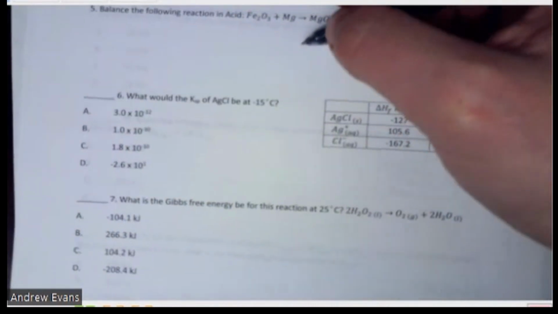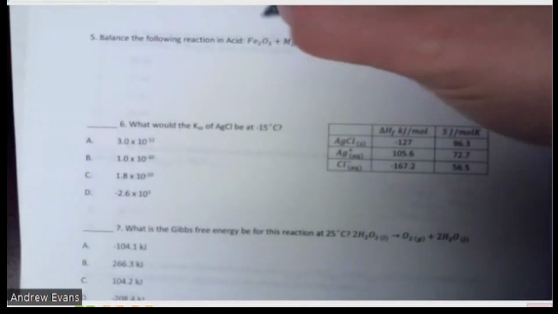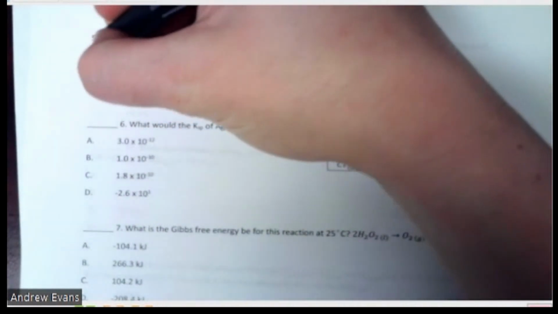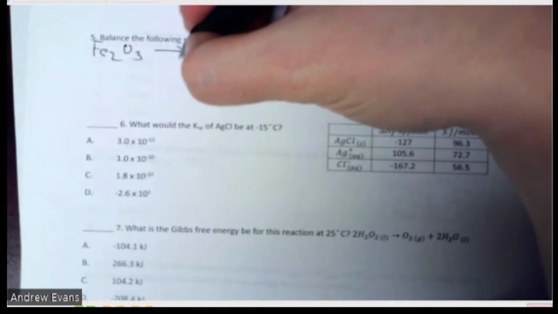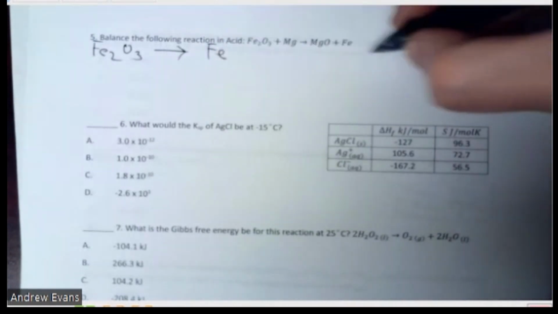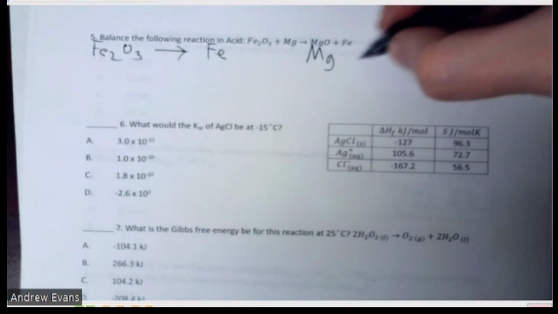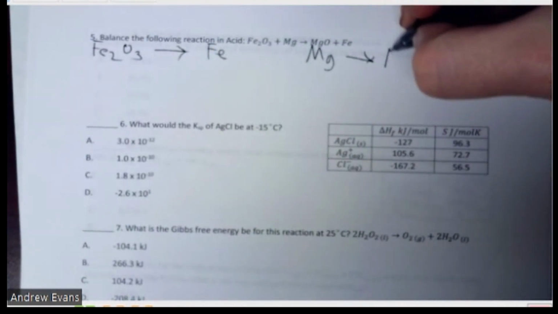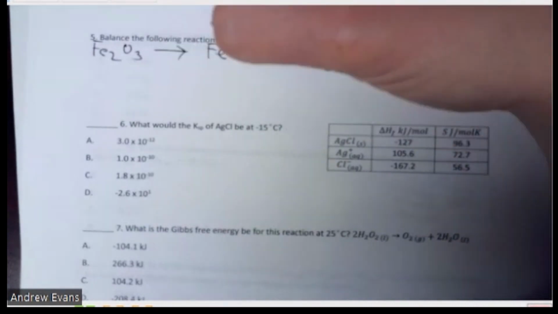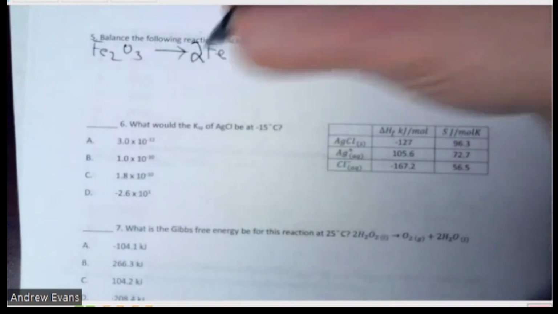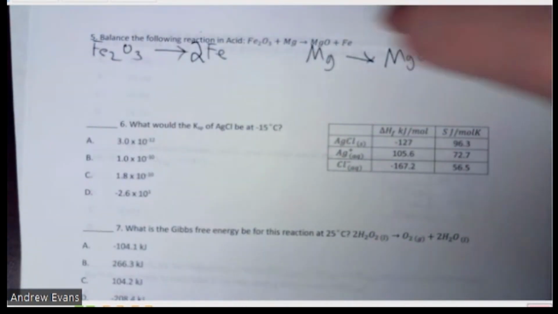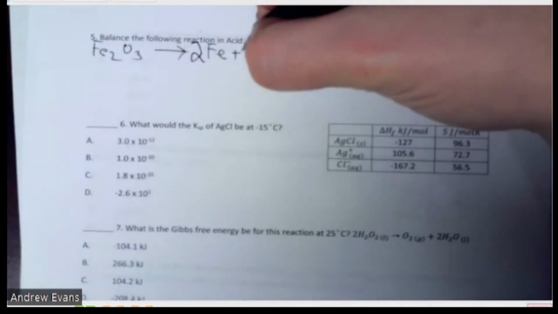Right along, balance the following equation. So step 1, split it up. Step 2, balance the elements. Step 3, balance the oxygens.